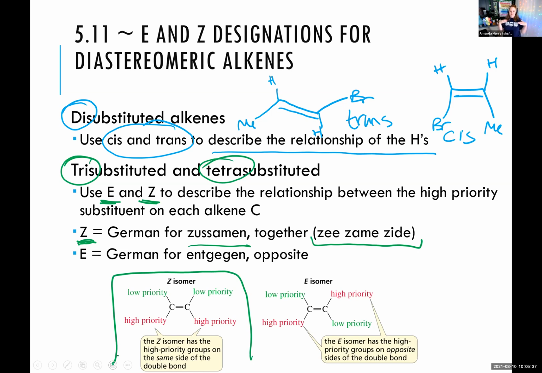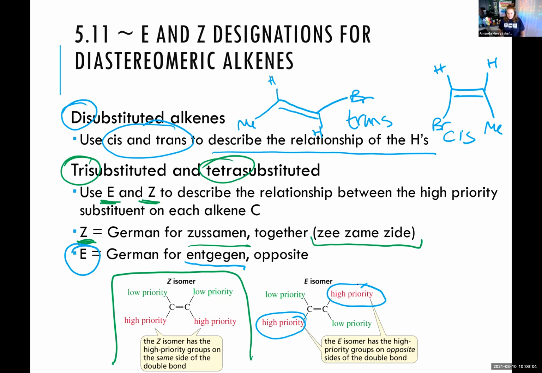The two high priorities that are just shown in red there are on the same side of that double bond. And then the other letter, E, is Entgegen. I don't know German, I'm sure I'm not saying that right. But if it's E, then that means that our two high priority groups are on opposite sides of that double bond.